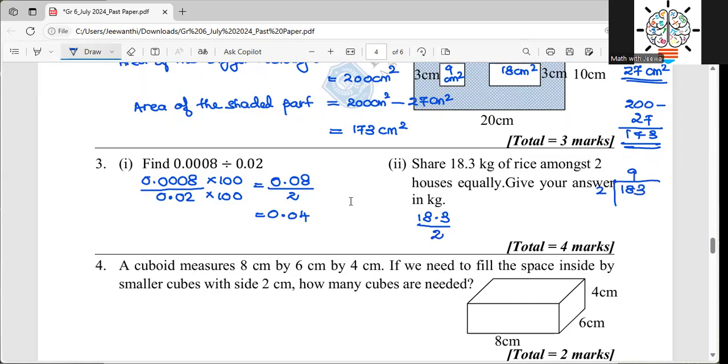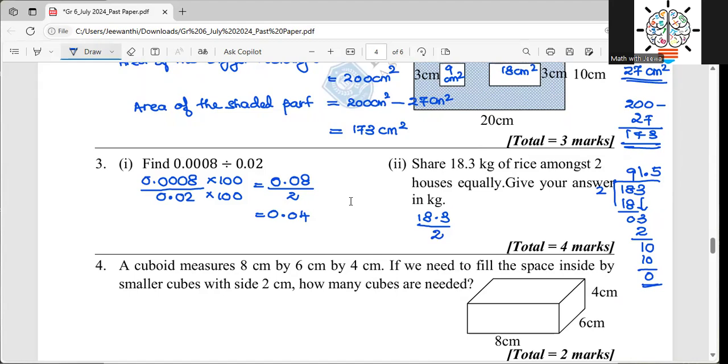2 times 9, 18. So then 0 and 3 bring down. 2 times 1, 2. And we take the imaginary 0, put the decimal, 2 times 5, 10, and the answer is 0. You get the answer 91.5 if your question is 183.